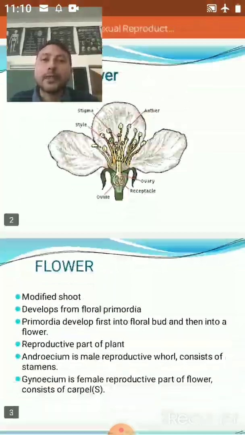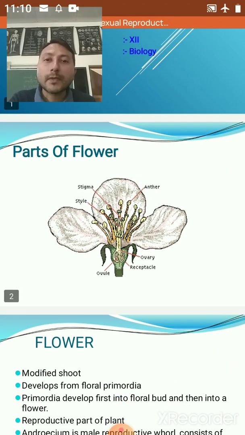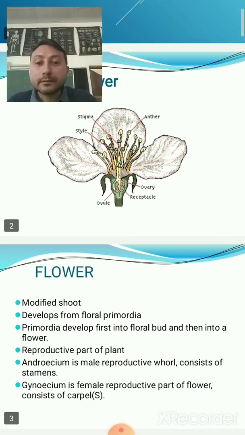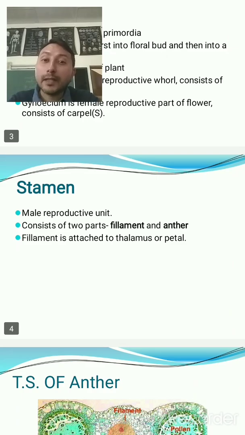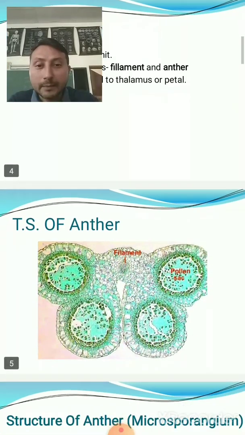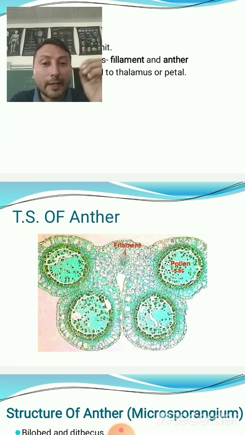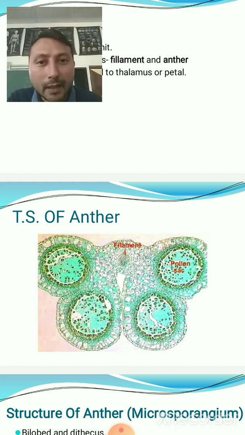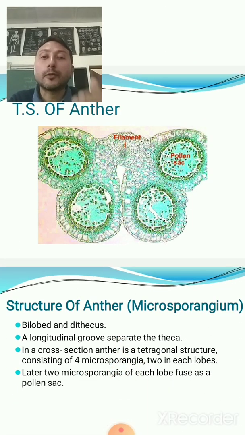The main questions of this chapter are: what are the different parts of a flower? Then, what are the male and female reproductive parts of a plant? Transverse section of an anther. This is a very important question. Many times it has been asked in board examinations to label or draw this diagram and explain the process of microsporogenesis.